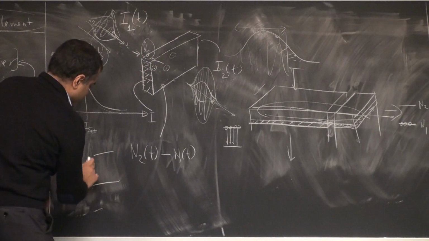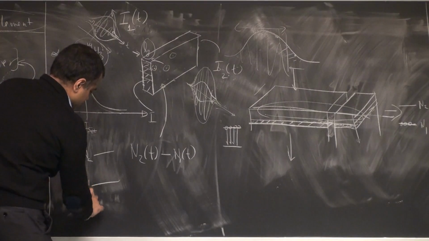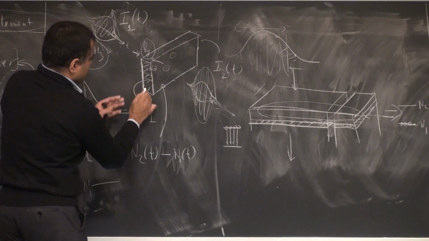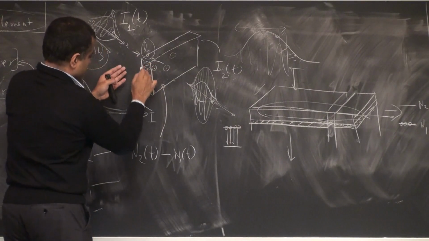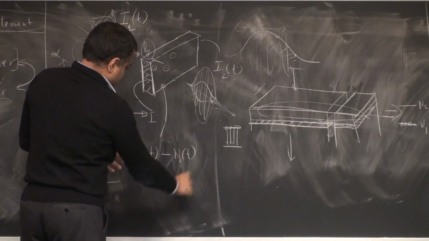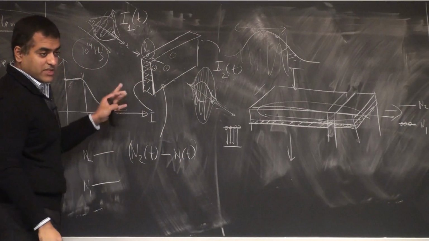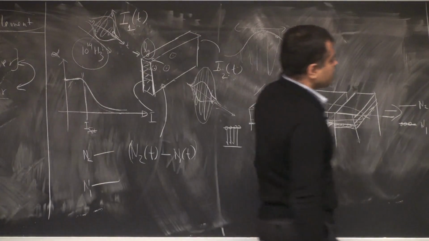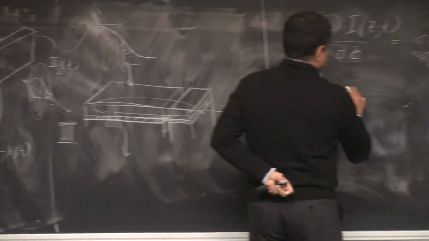Whatever gain medium I've created, N2 and N1 don't change from one end of the saturable absorber or amplifier to the other. It's very thin, but it changes in time, because there's a short pulse going through it. So we're going to find N2 minus N1 as a function of time.